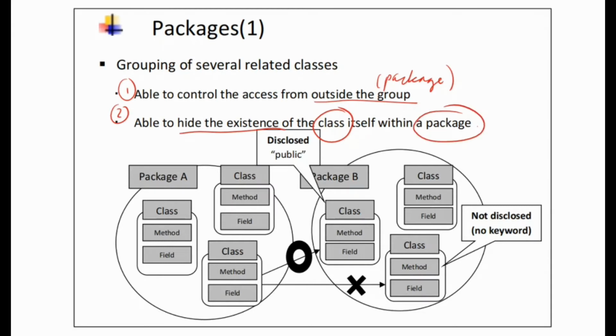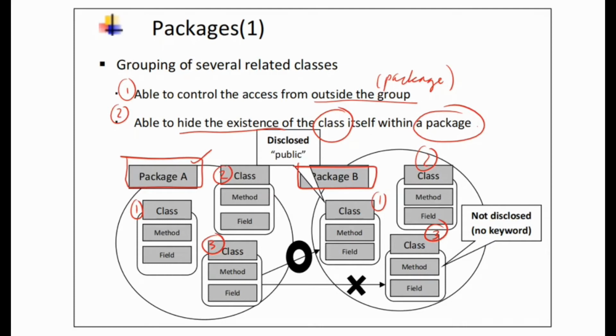So for example, if this is package A and this is package B, and package A has this class, number one, and the second class is this, and the third class is this. And package B has also these classes, the first one, second, and third class.